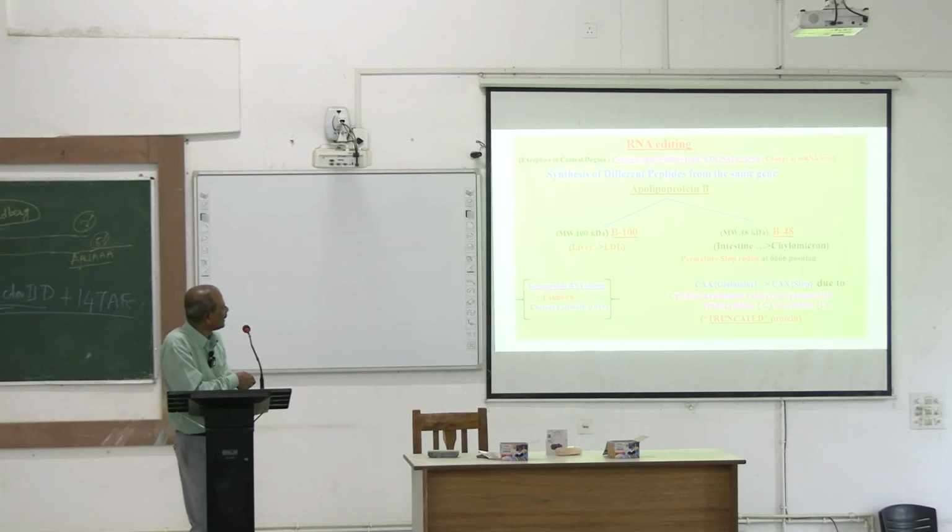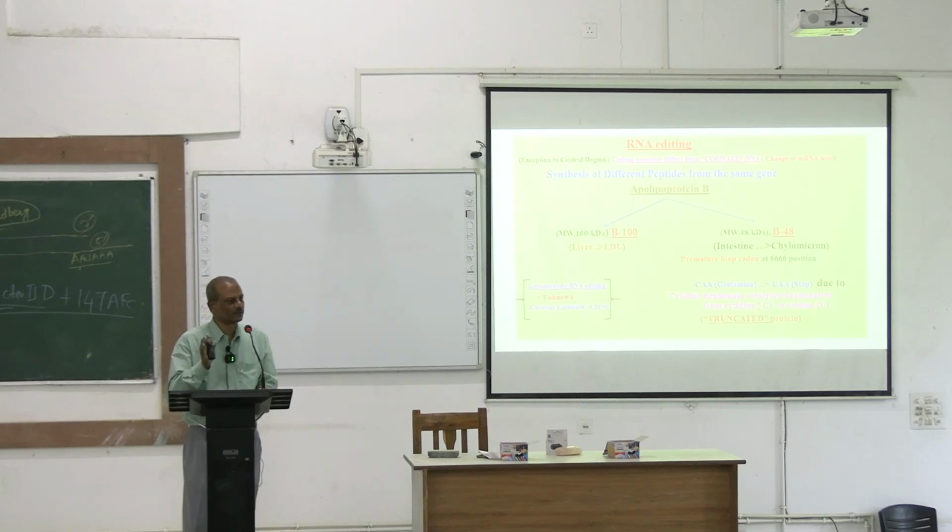See apolipoprotein B: the molecular weight is 100 kDa, so it will produce B100. Now for B48, there is a premature stop codon at position 2153. So the CAA will basically be replaced by UAA through deamination; cytidine deaminase is there. So it will form a stop codon, and it will cause a truncated protein. A protein which is present in its original form is called the native form. The shortened form is called the truncated protein.